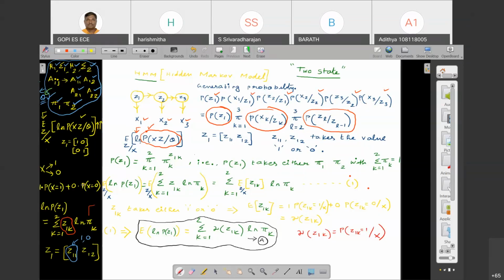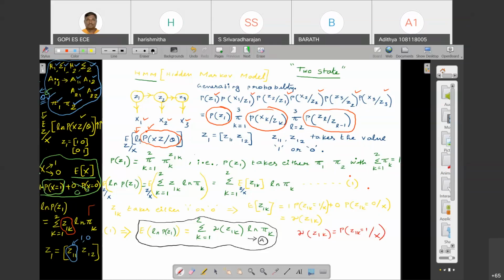So this is basically the expectation of x. It's very interesting to observe that if a random variable takes the value either 1 or 0 and I find the expectation of x, I end up with simply the probability of x equal to 1, because the other term becomes 0, right?